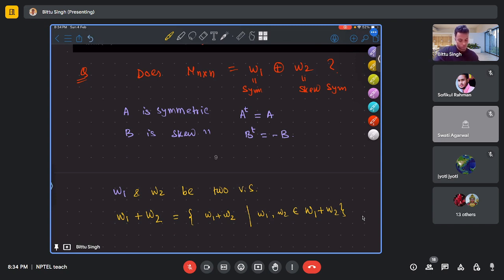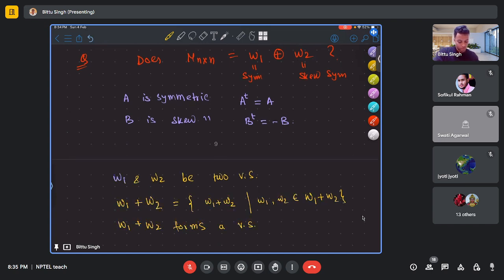Moreover, this W1 plus W2 forms a vector space. You can check all the properties. Therefore we say it is a sum of vector spaces.